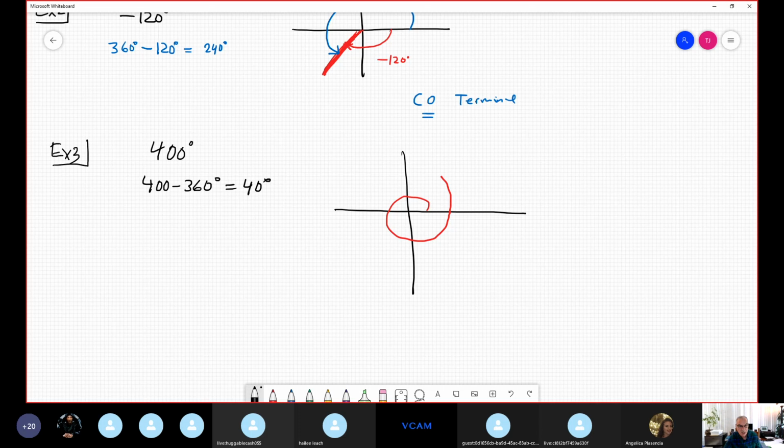Okay? So now, this is the terminal side. But the coterminal is 40 degrees. So, conclusion, 400 degree and 40 degree are the same angle because they have the same terminal side.